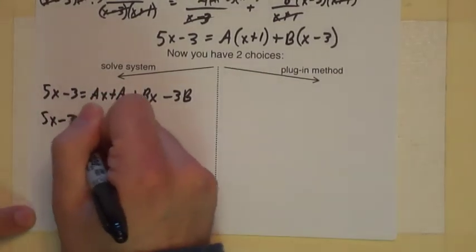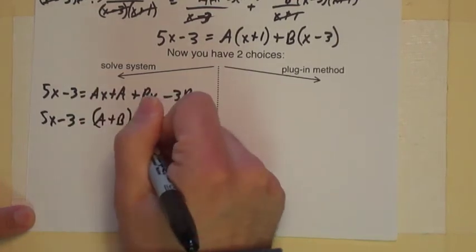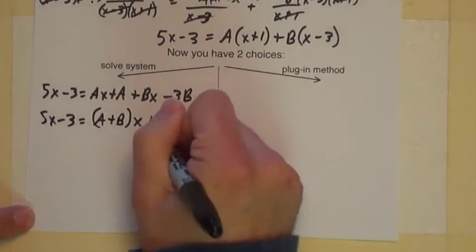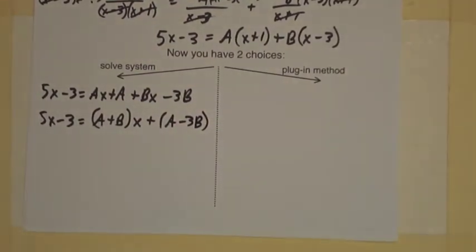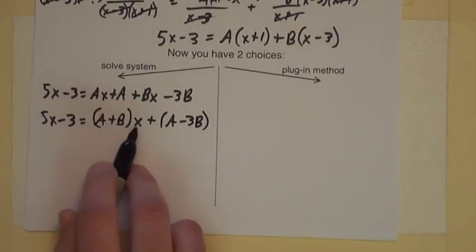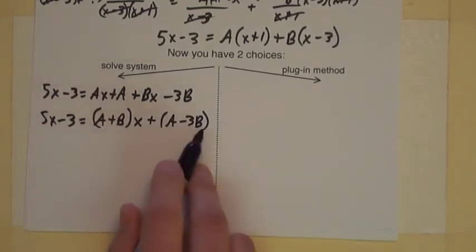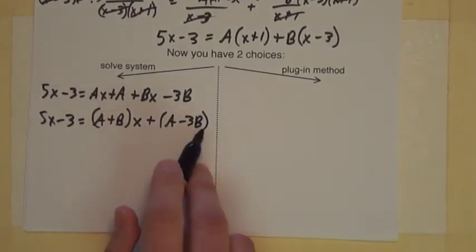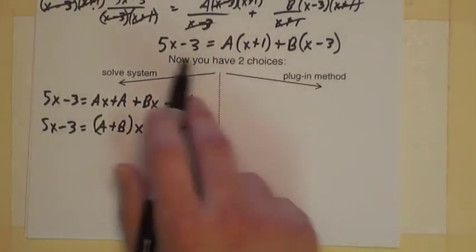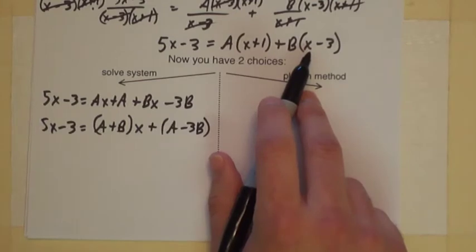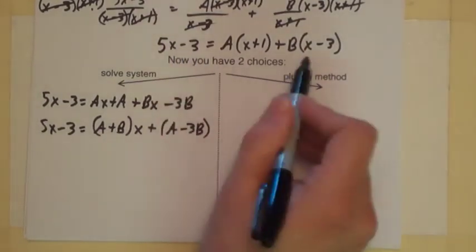So it will look like 5x minus 3 equals (a plus b) x plus (a minus 3b). So we've sorted the x terms and factored out a coefficient, and then we've put the rest of them here. Now, why would we do that? Well, the key is that this equation is not just true for some values of x, but it's true for all values of x. This is called an identity.